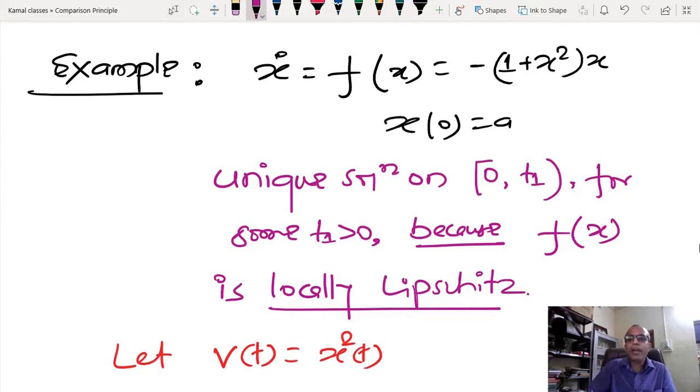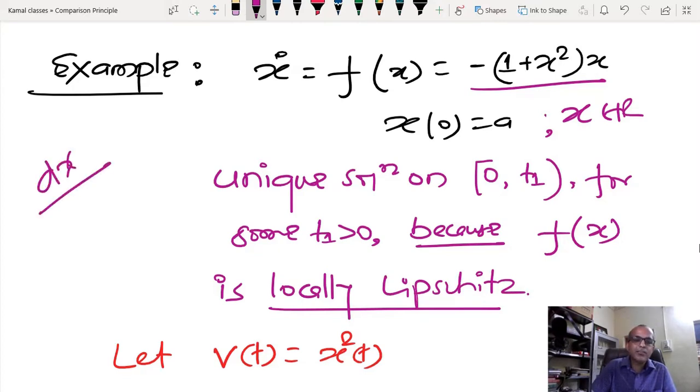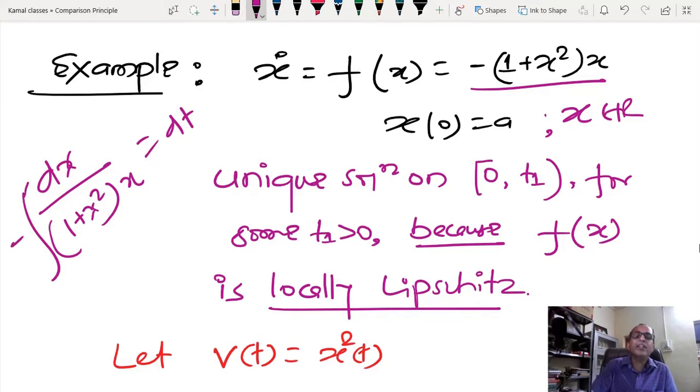Okay, but for the time being, I am going to take a very, very simple system, x dot equal to f(x), here (1 plus x square) into x, where x belongs to R. If you are going to solve this equation, you have to solve this integral equation.